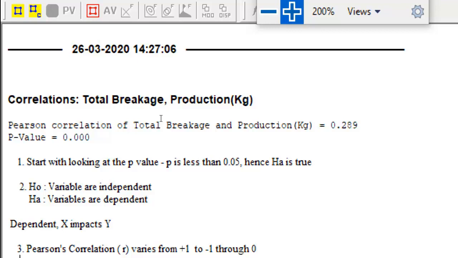If your value is close to +1, it means strong positive correlation.